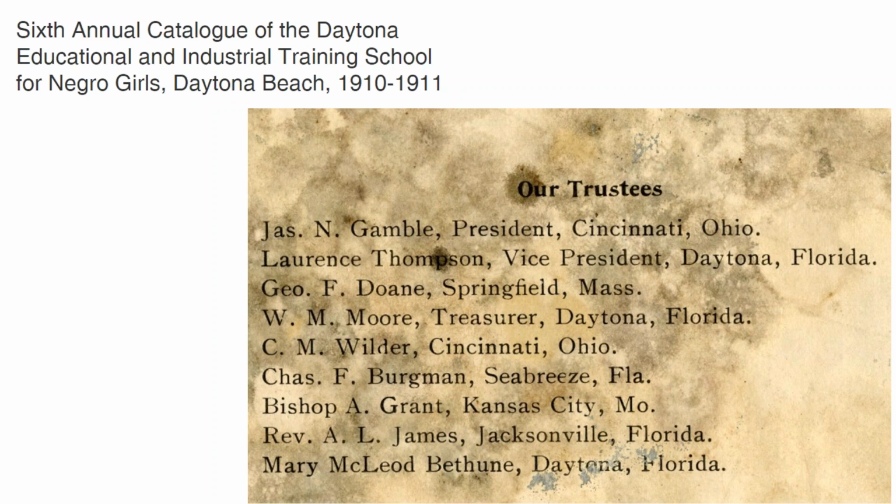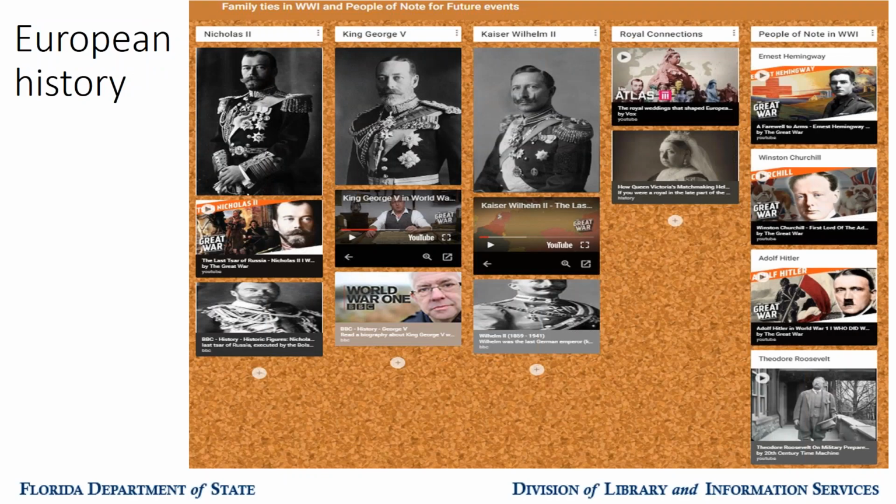So if you decided to go down the rabbit hole of following Mary McLeod Bethune through her many adventures and connections throughout history, one of the things you're going to want to do is build a Padlet page, or a resource page very much similar to the one that we've shown before and are showing again here. Give your students a chance to follow the thread. Don't give them the answers right away, but instead pad a page with resources that contain that information and let them explore it for themselves.